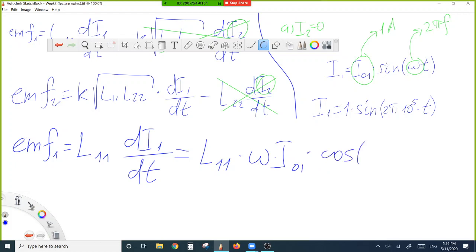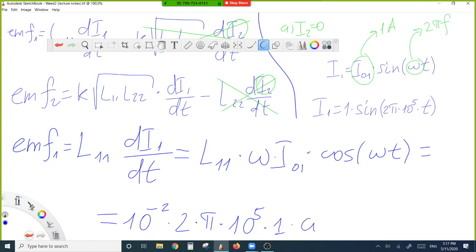If we write the numeric values, L11 was equal to 10 to the power of minus 2 multiplied by omega, which is 2 pi f, multiplied by 2 pi and f, 100 kilohertz, multiplied by I0, which was 1, multiplied by cosine omega t.